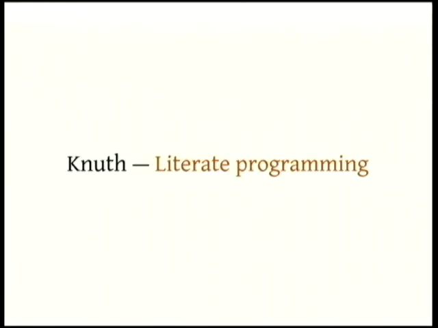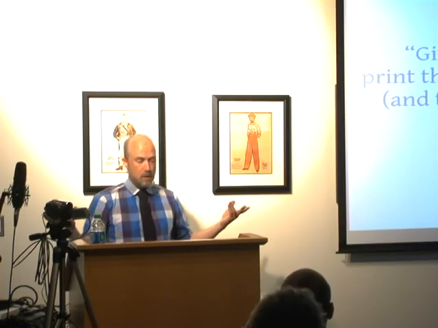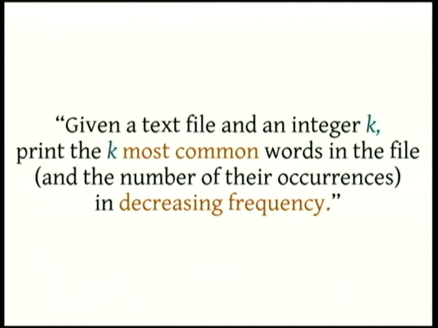He practiced something called literate programming, where he had lots and lots of comments, where a computer program could actually be published as a book explaining itself. And he was given by a programming magazine the task: given a text file and an integer k. Can you tell that computer science was invented by mathematicians? Print the k most common words in the file, and the number of their occurrences in decreasing frequency.